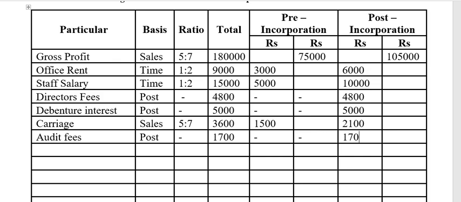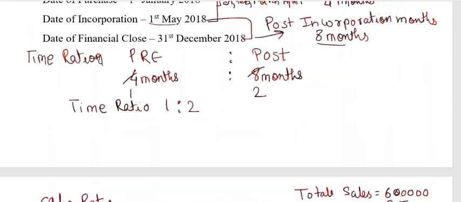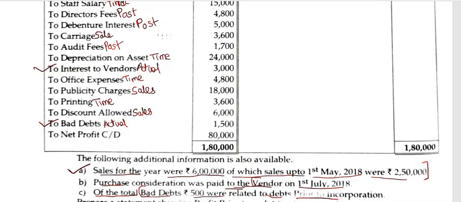Write it directly under the post incorporation column. After audit fees, we have depreciation on assets. We have to distribute it on the basis of the time ratio, and the depreciation on assets amount is 24,000.